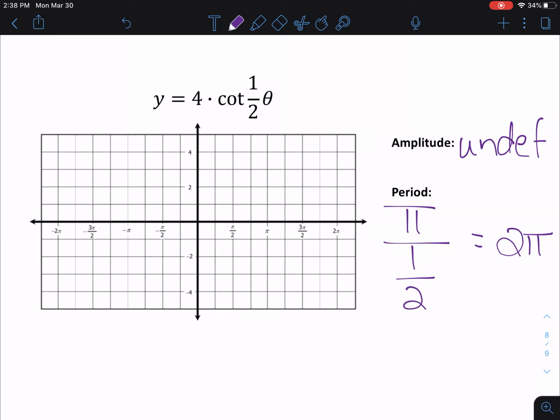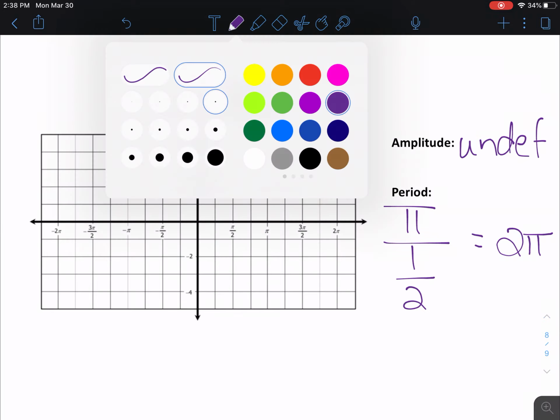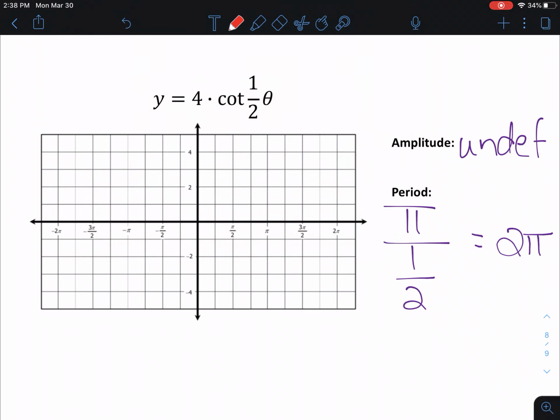All right. So here's why this makes this a little bit easier, because cotangent, just like cosecant, has an asymptote line right here at 0. Okay. Now the nice thing about cotangent is there's no 2 graphs like these two, right? It's just one. Okay.